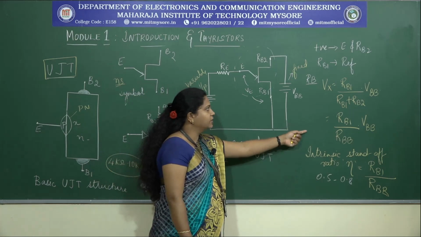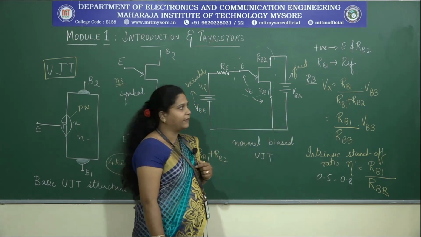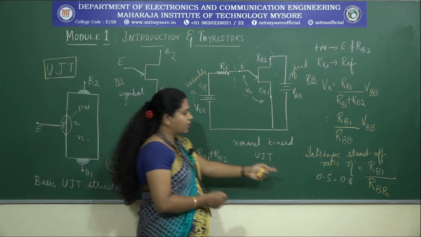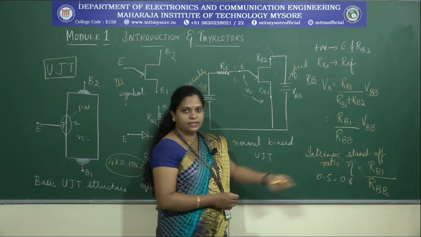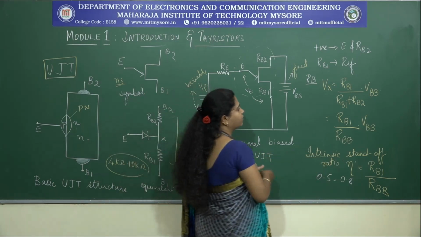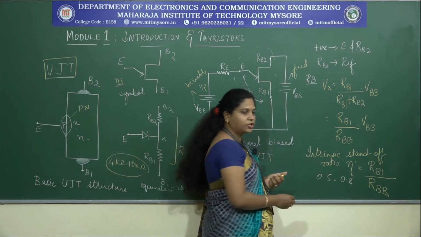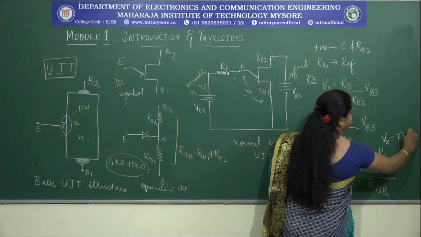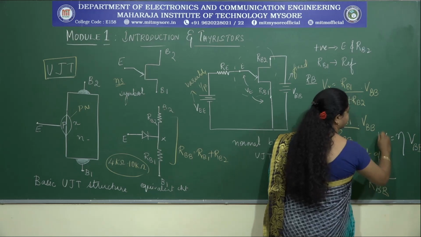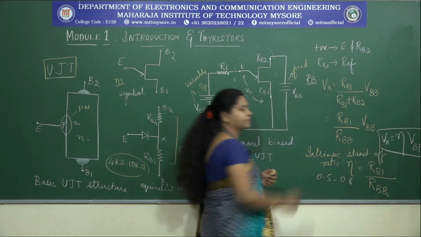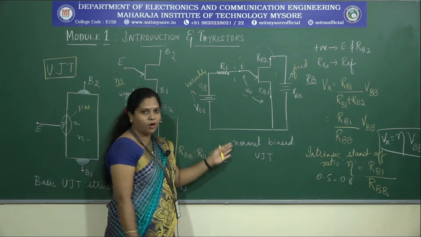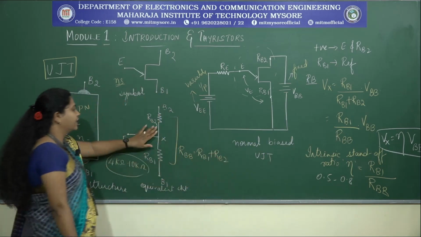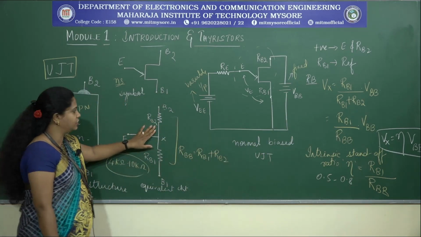Using this concept, what happens to the equation of Vx? By replacing with the intrinsic standoff ratio, we get the final equation Vx is equal to eta VBB during the off state, meaning the diode is still in the reverse bias condition.